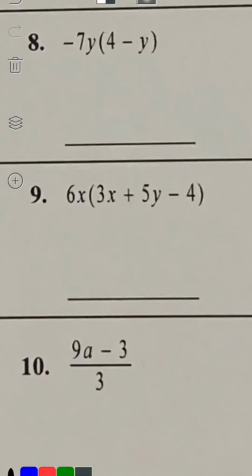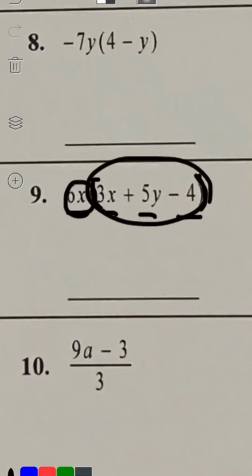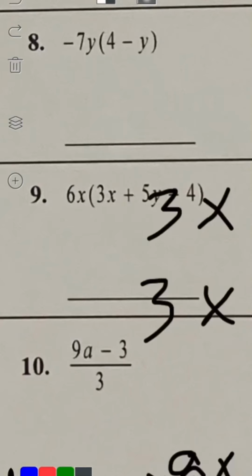So for this one, you do the 6x times the 3x, then the 6x again times the 5y, and the 6x again times the negative 4. Because all this is in parentheses, the 6x is times this whole entire thing. So we have to make sure we distribute that to each one of those.